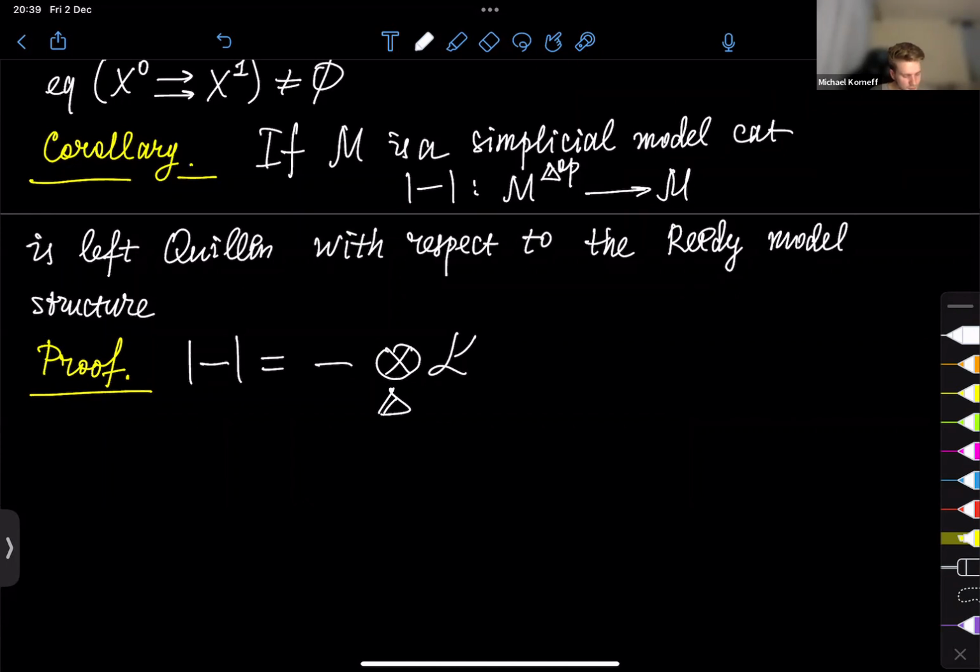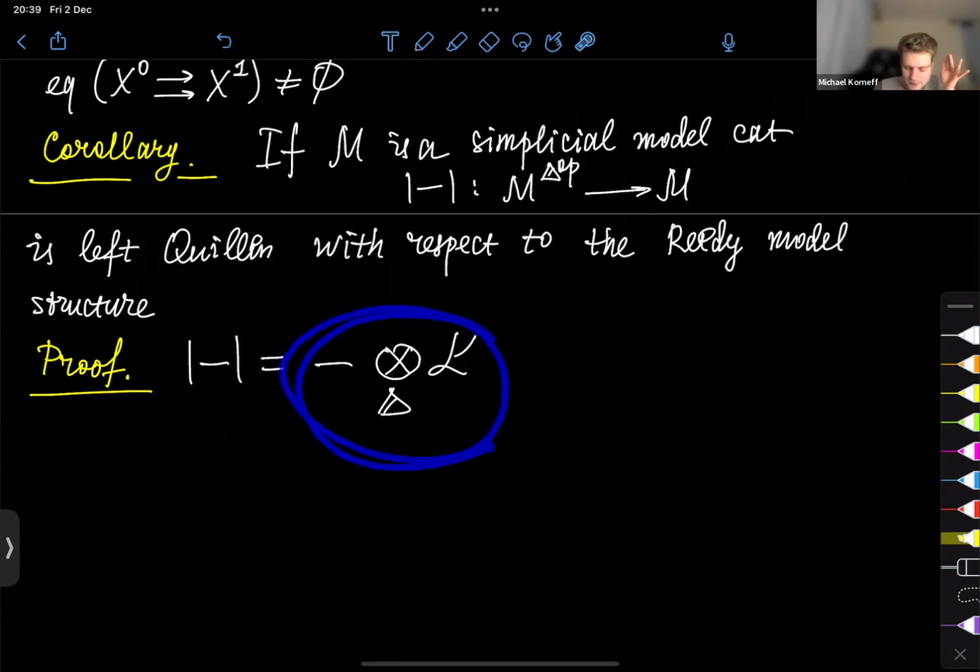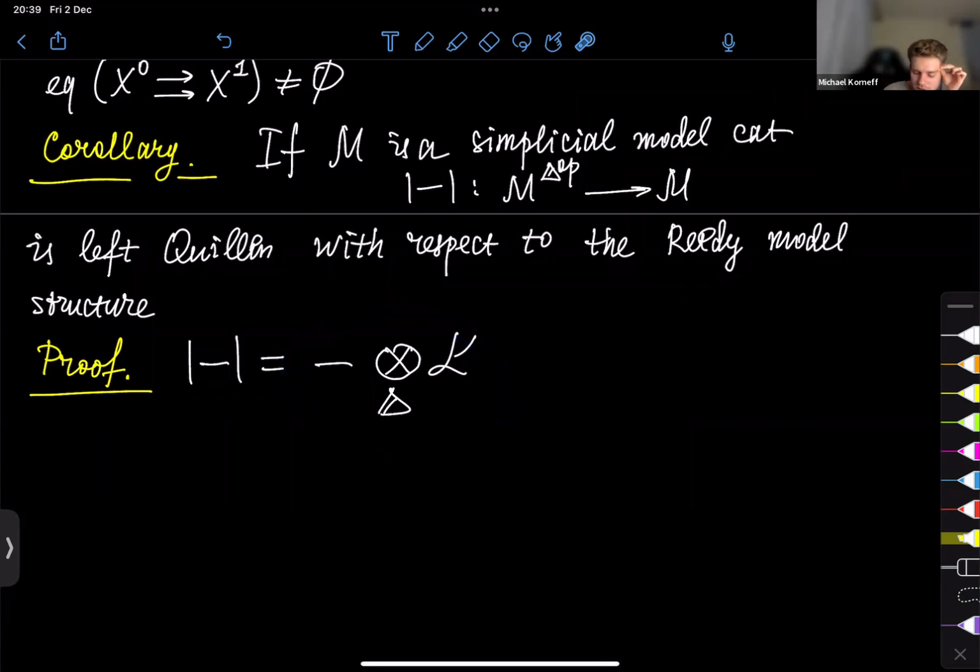So from the theorem above, we know that this tensor product functor is left Quillen, and we know also from the combination of the example and the lemmas above that this Yoneda embedding is a cofibrant diagram, and so it follows that this functor is left Quillen.